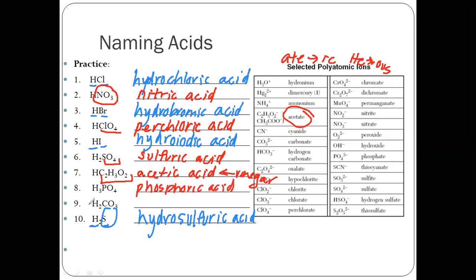And then H2CO3, CO3 is carbonate, so it's carbonic acid. So it looks like I didn't give you any that go to OUS. But for example, this one, chlorite, could be chlorous acid or hypochlorous acid or sulfurous acid. Okay, flip to the next page, please.